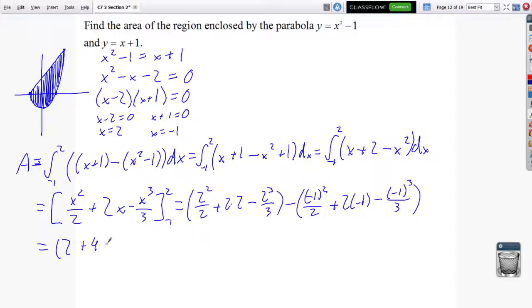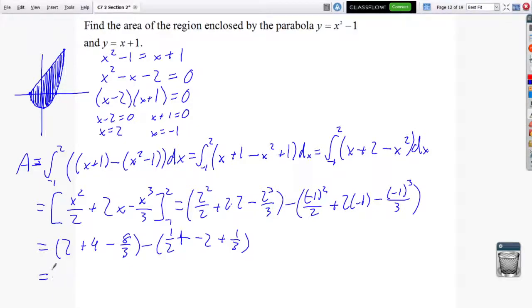2 plus 4 minus 8/3 minus negative 1/2 plus negative 2 plus 1/3.